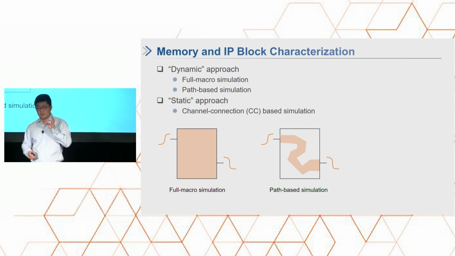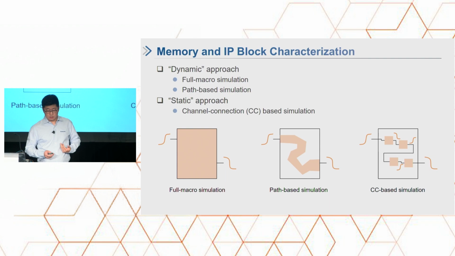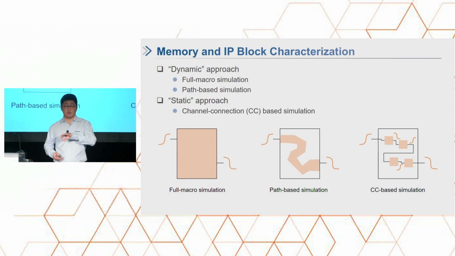This simulation is done automatically without the user needing to provide any stimuli. Then we can add up the timing along the path to get the final result. This way, the simulation is much smaller, and we'll see the benefits later on.